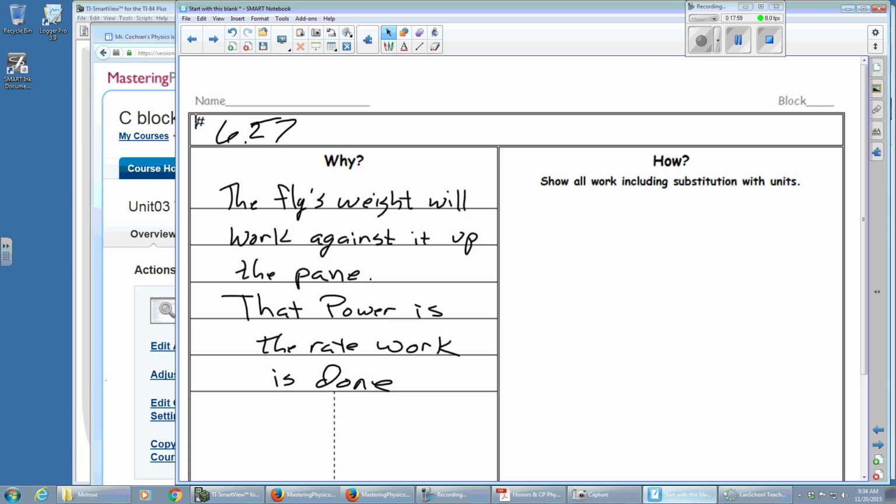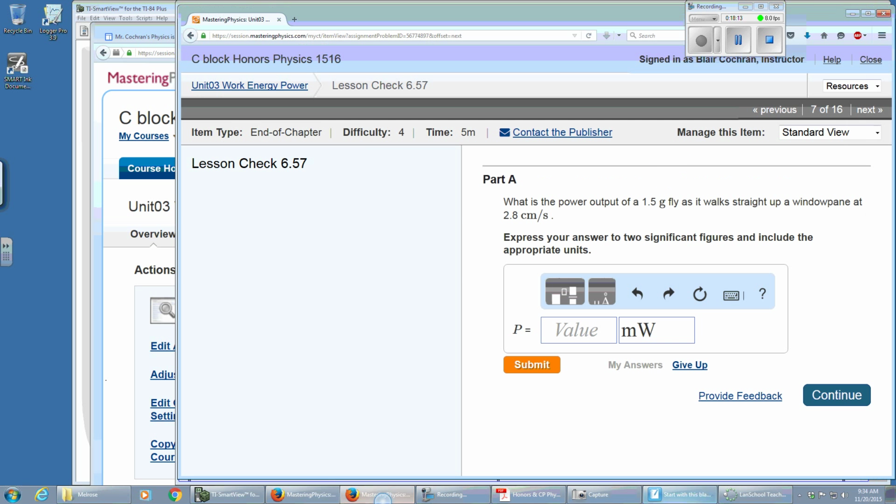Now, if we really think about where the energy it's using is going, the work that it's doing, what type of energy is it changing about the fly? Is it changing its kinetic energy? If it's maintaining that speed, is it changing its kinetic energy? No. Is it changing its potential energy? Yeah, because it's changing its position against that force of gravity.